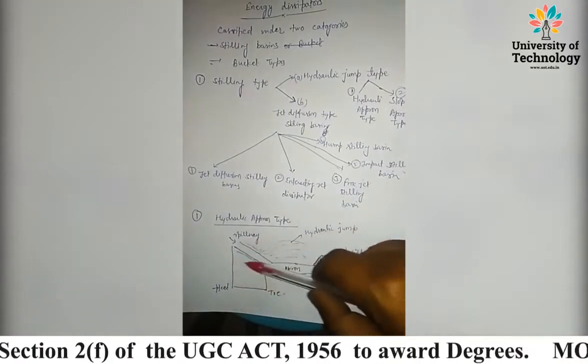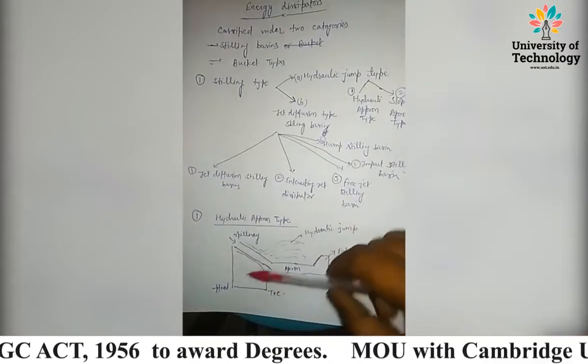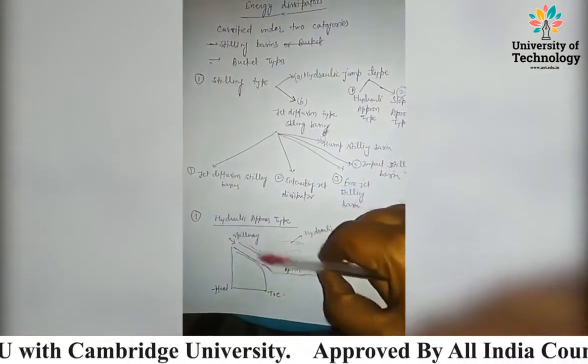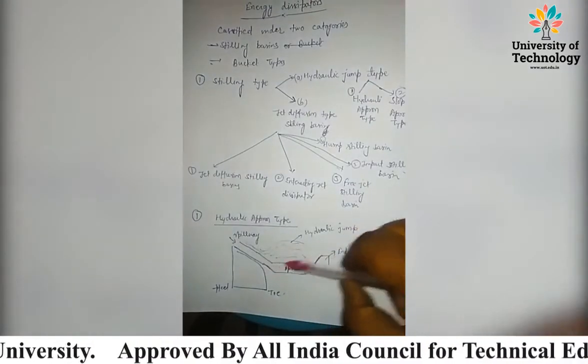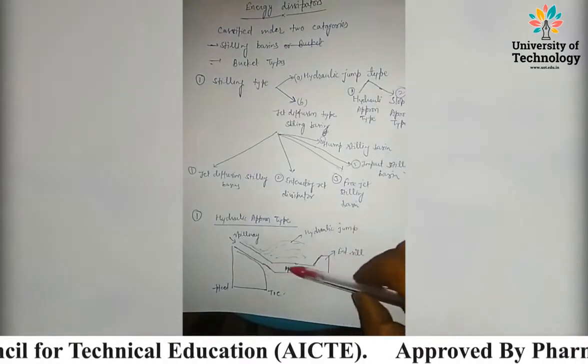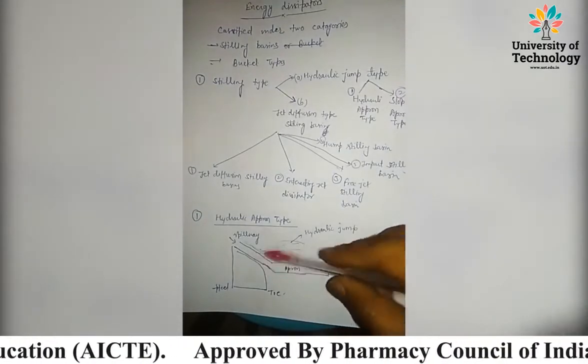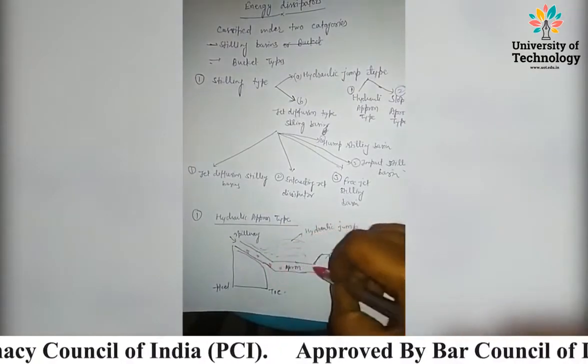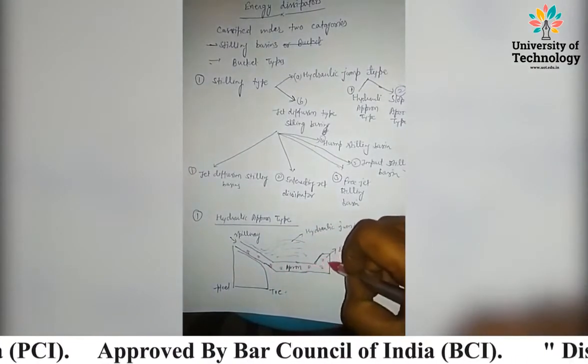It is made up of concrete material, and through the spillway water will flow to the downstream side. And this is the apron. You can see here, this is the plain apron made up of concrete. This structure is fully made up of concrete.